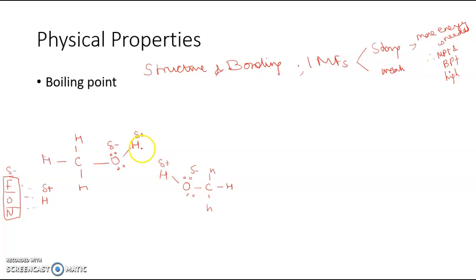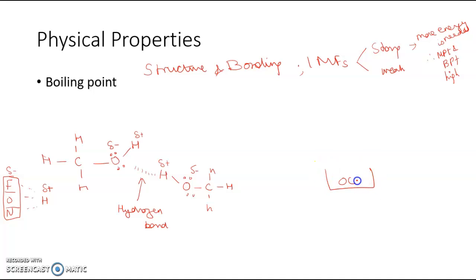So you've got partially positive hydrogen and very highly electronegative oxygen. So the charge difference is high, and between the positive and negative there is this strong force of attraction, and this force of attraction is called hydrogen bond. So the hydrogen bonds are formed between methanol and methanol.